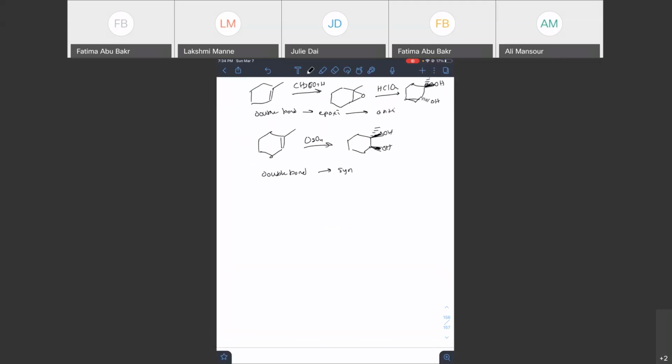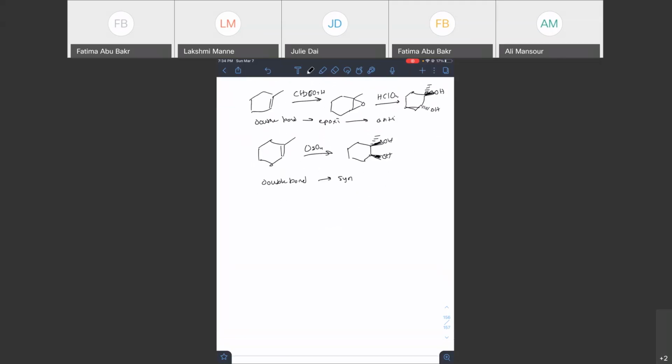And just to remind you guys, once you have your two OHs after the OsO4, what is the reagent that changes it from being two OHs to this? What is the reagent that does this?